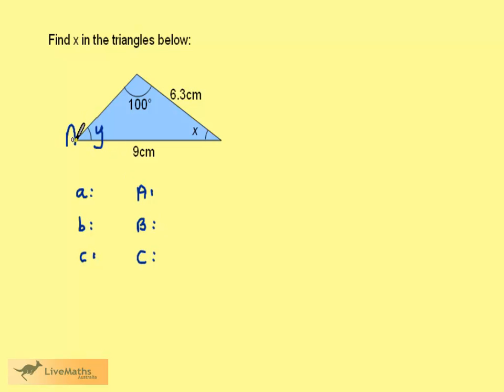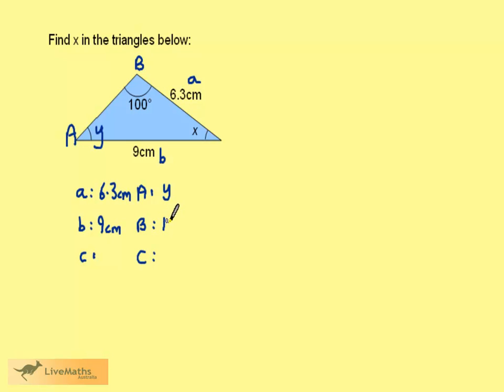Let's call this one A since we're trying to find it. Then this is a. We could call this angle B, and this side then would be b. So we know that this is what we're trying to find. This is 6.3 centimeters. We know this is 9 centimeters.